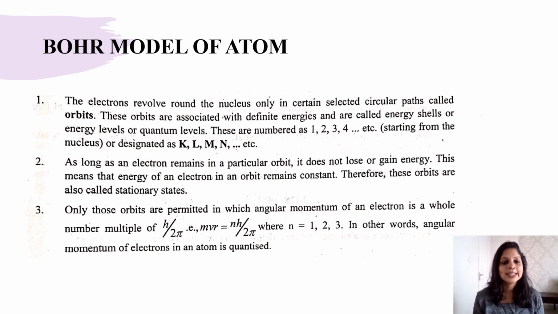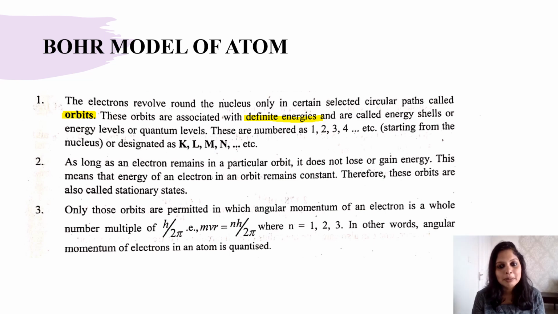What are the postulates? The electrons revolve around the nucleus only in selected circular paths called orbits. So his first postulate is about orbits, and he said that the electron revolving around the nucleus can only travel through a particular path, and that path is called an orbit. The peculiarity of these orbits is that they have definite energy and are called energy shells, energy levels or quantum levels.